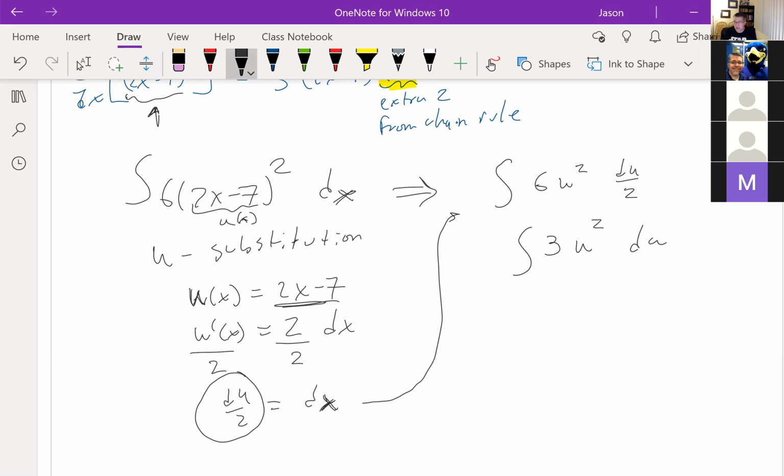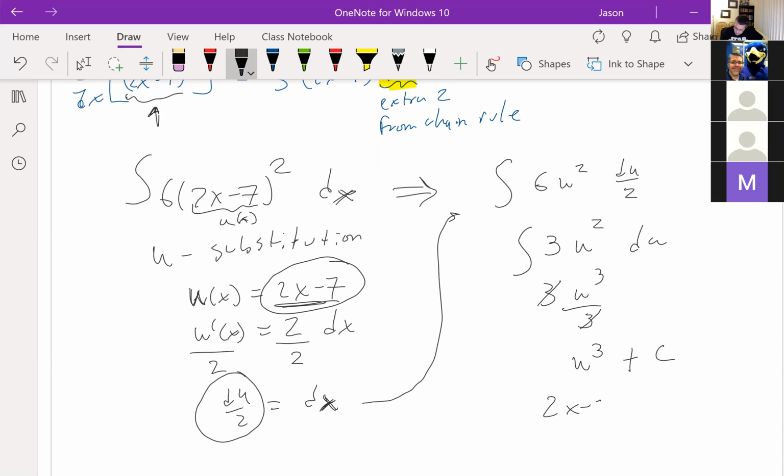I just did a change of variable here. Now how would I integrate 3u squared? That's going to be 3u cubed over 3. Those cancel, and I get u cubed plus c. But I have to go back to my original variable, which was x. And u was 2x minus 7.